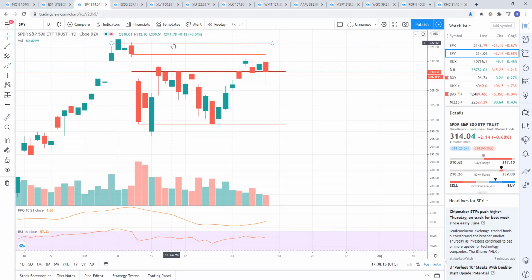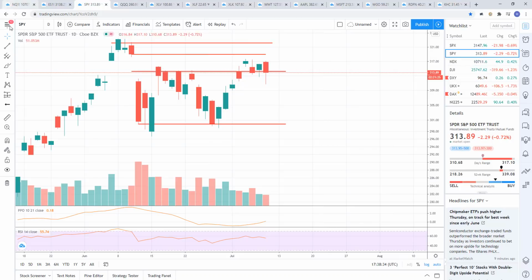They should not recover the top of the cluster. They should not be able to pop it up into this range around 323, but they can easily run some stops and pop it up into the cluster around 320, and then that's where it should ultimately fail if this pattern is going to hold.